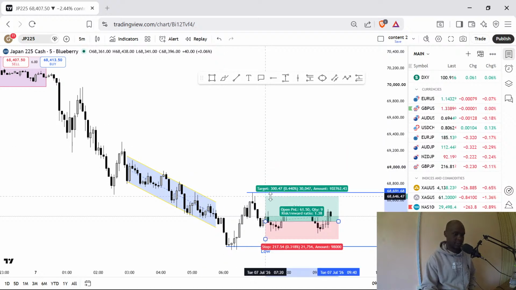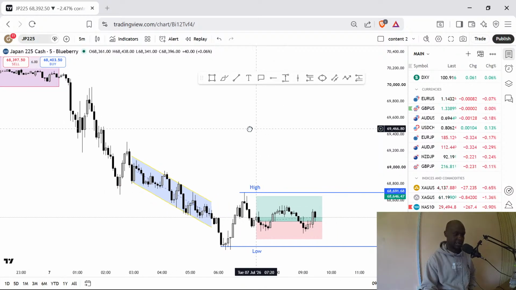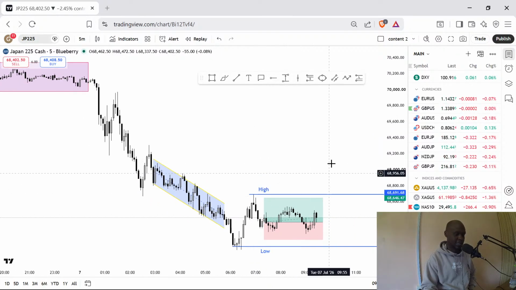So as I said, I do not have any set TP. I've already shown you guys how I'm going to manage this trade as price continues to push higher. At this moment in time, I've not yet even moved my stop. It's still just at the initial place where I placed my stop.